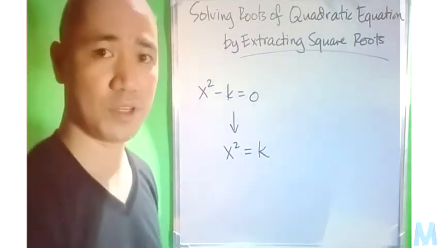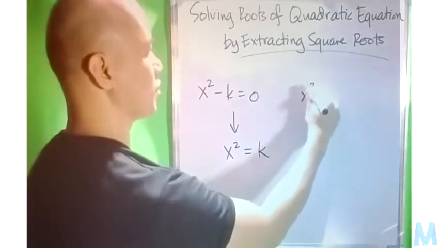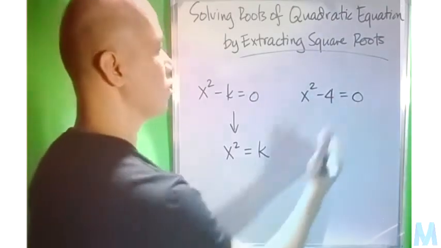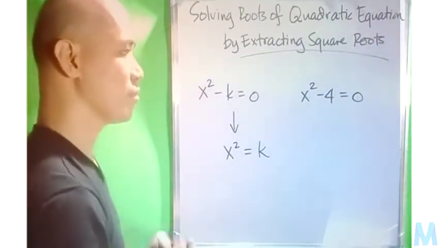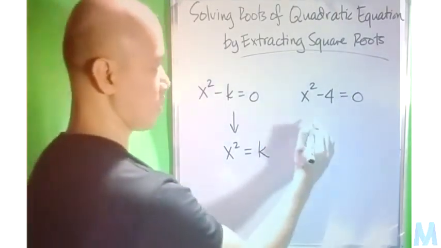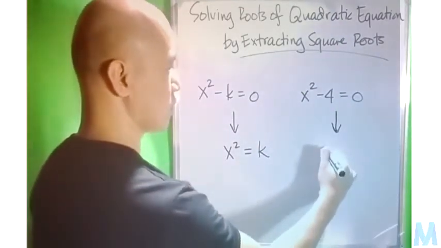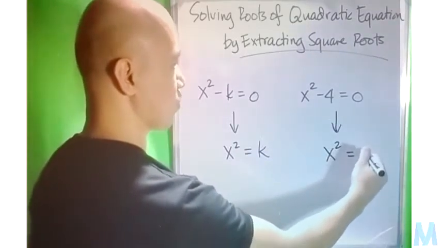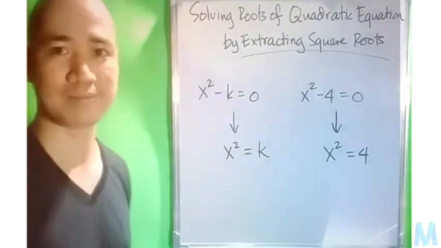Okay, so the same thing if we have x squared minus 4 is equal to 0. So, para makuha natin ang roots ng quadratic equation, we're going to process that. So this will become x squared is equal to 4. Okay?